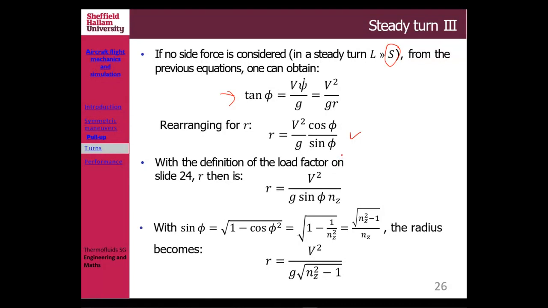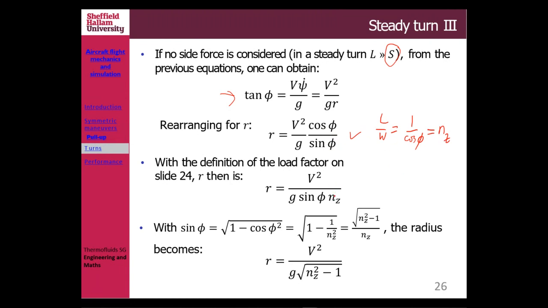Okay, now with the definition of the load factor on slide 24, which is L over W. Remember that L over W is 1 over cos phi, which is NZ, right? Sorry about that. 1 over cos phi is NZ.